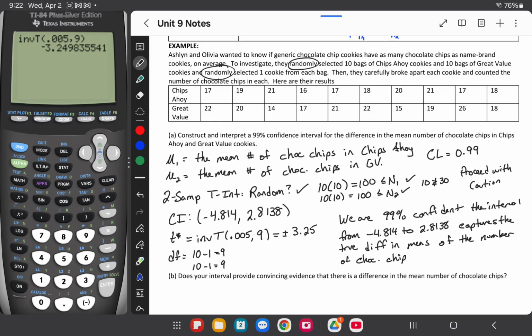And then make sure we say what direction we did that. That was taking the Chips Ahoy brand minus the Great Value brand.